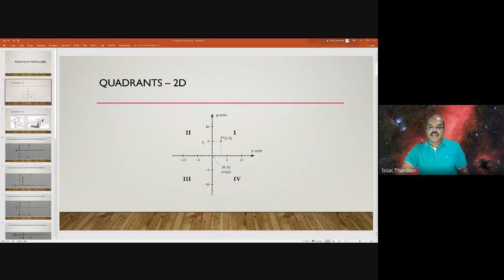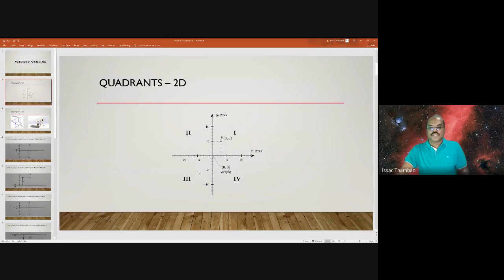Now, suppose that the x coordinate of P is negative, then it will be in the second quadrant. That means if a point has x coordinate negative and y coordinate positive, then it is said to be in the second quadrant.